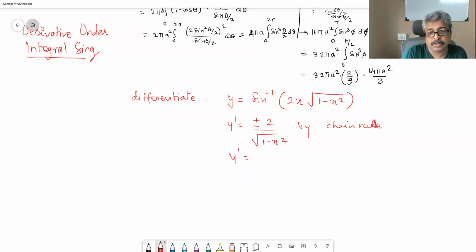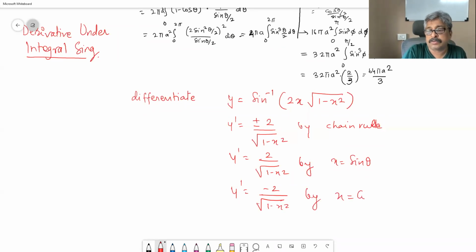Y dash is equal to 2 upon radical 1 minus x square by x is equal to sin theta substitution, and y dash is equal to minus 2 upon radical 1 minus x square by x is equal to cos theta substitution. So maybe this is the most correct answer, plus or minus 2 depending upon which values of x you are talking about.